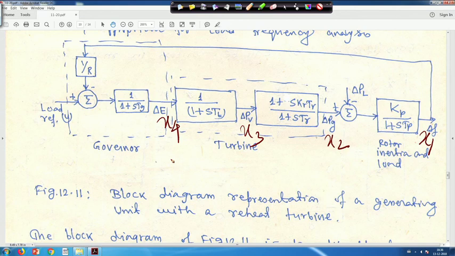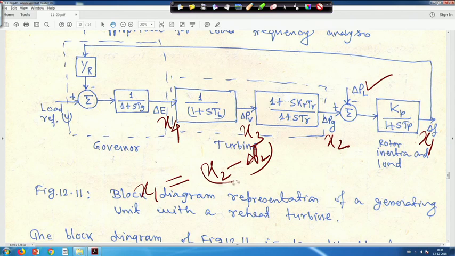So, when you write this state variable equation, you can write, and this is your load delta PL, right. I am writing here, overwriting on it, you can see it, x1 is equal to, this is x2, and this is x2 minus delta PL into KP upon 1 plus STp, right.